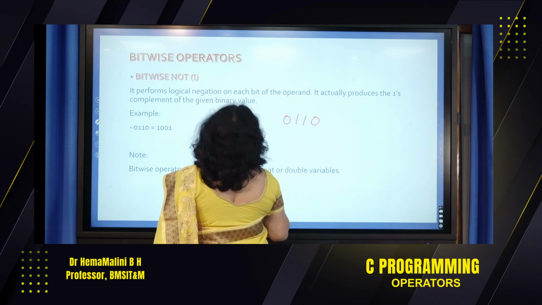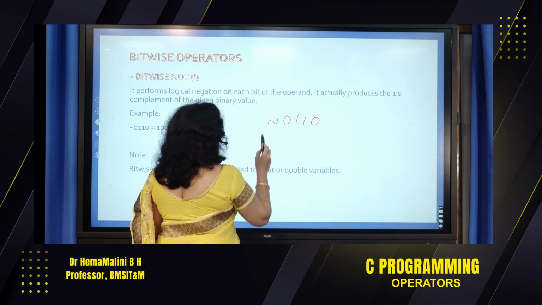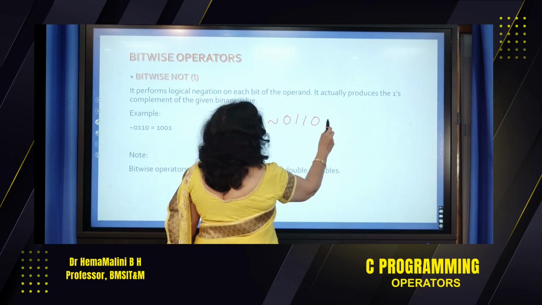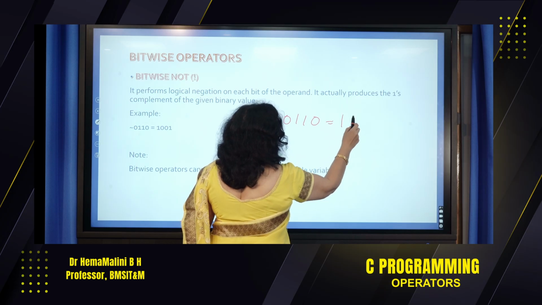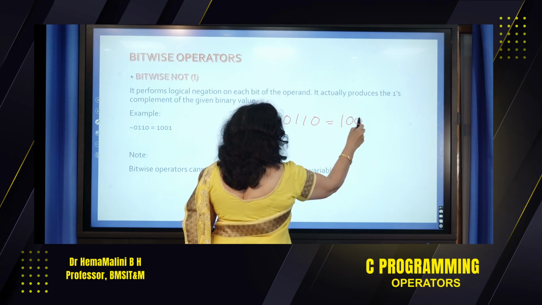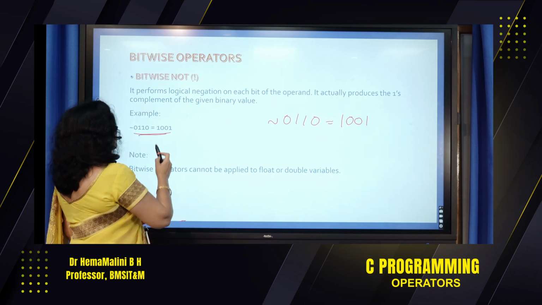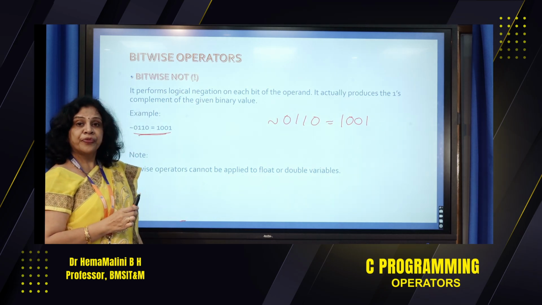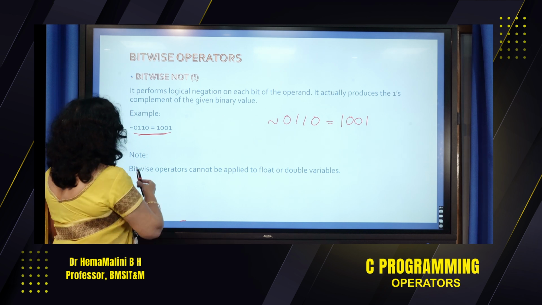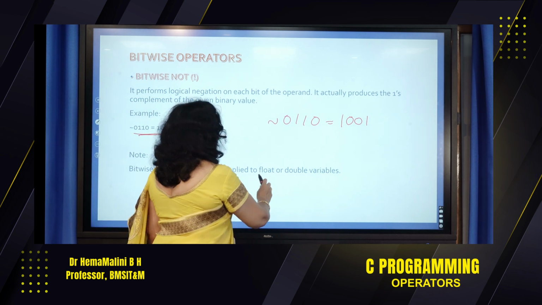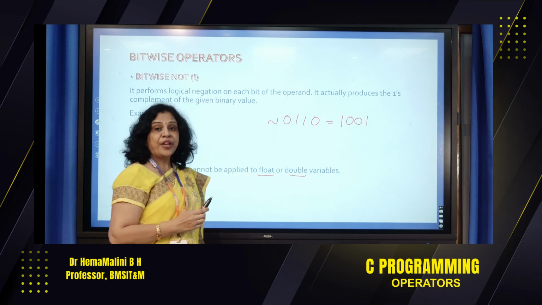If this is the given binary value, it is going to do the ones complement, where 0 becomes 1, 1 becomes 0, 1 becomes 0. This is the result. So this is bitwise NOT operation. Bitwise operations cannot be applied for float or double variables.